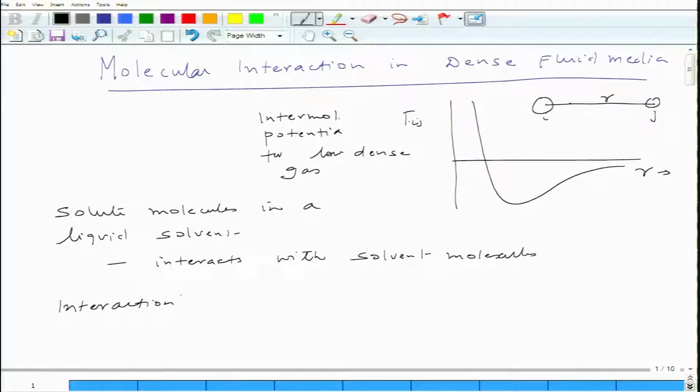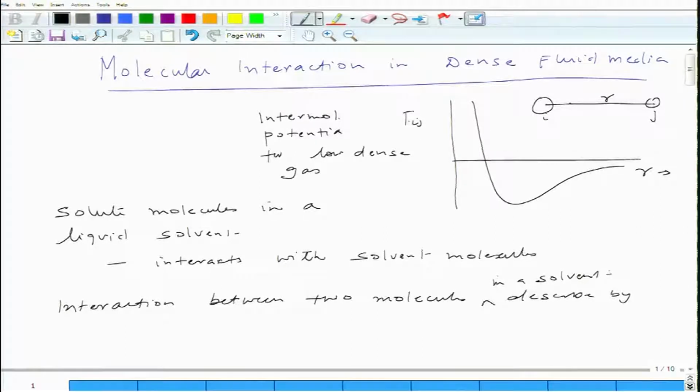The interaction between two molecules in a solvent is described by the potential of mean force. It is sometimes called PMF also.